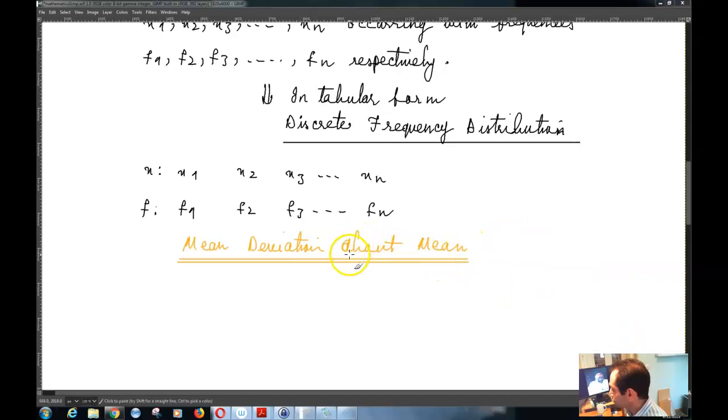So first of all, we find the mean, or x bar, of the given data by using some formula. What we want to find is the mean deviation about the mean.